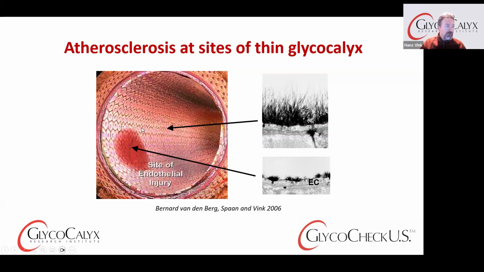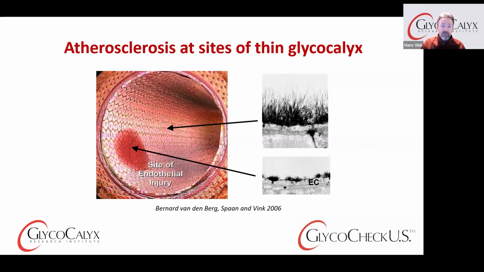And there's really small sites where the cholesterol will always start leaking and the inflammatory cells will start moving into the wall. And if we look at these sites and we measure the thickness of glycocalyx, we know that at these sites where it all starts to happen, glycocalyx is much thinner than downstream in the same vessel or even at the opposite side of these large arteries.